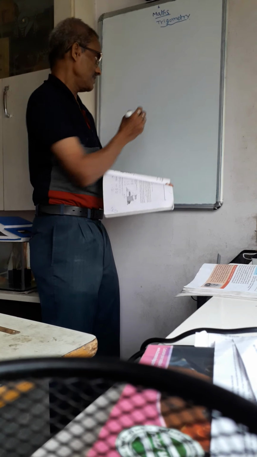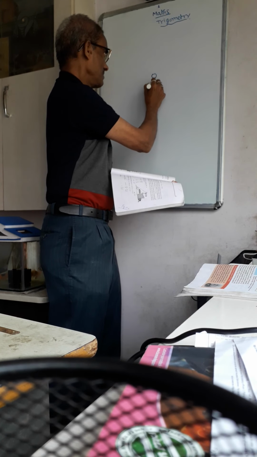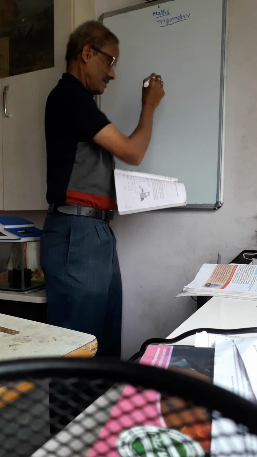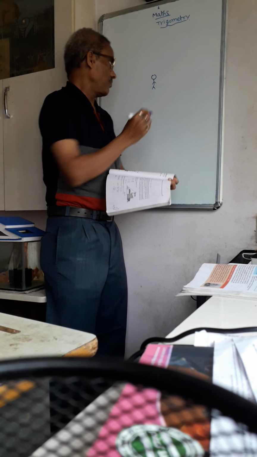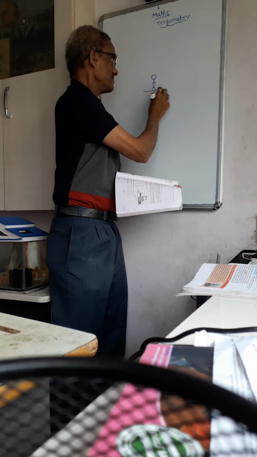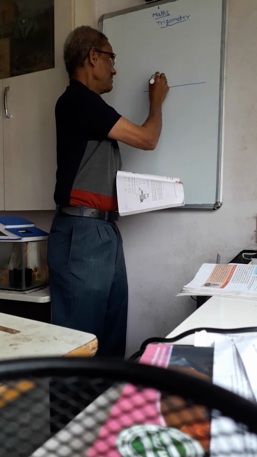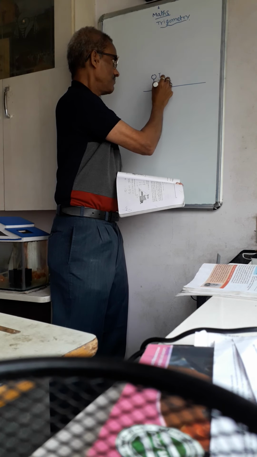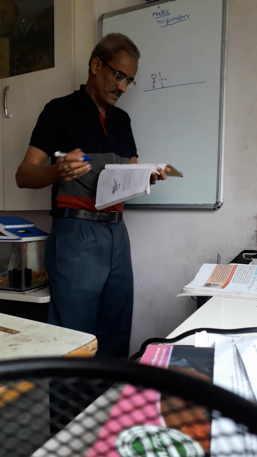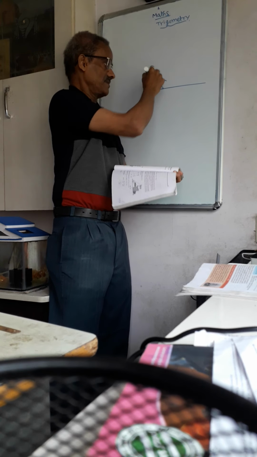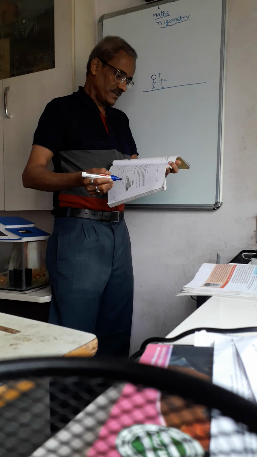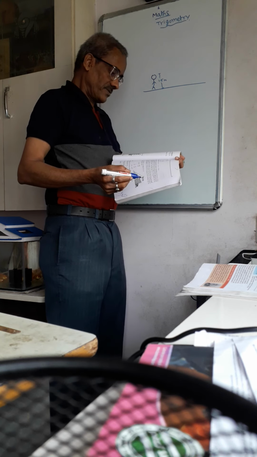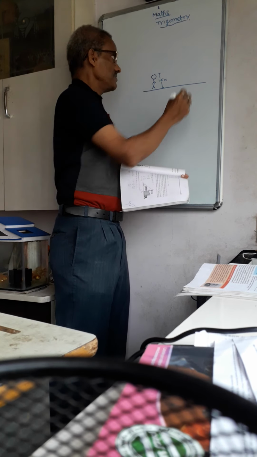An observer is there. Let us say this is the ground level. His height from the ground is 1.5 meter. Now he is 28.5 meter away from the chimney.